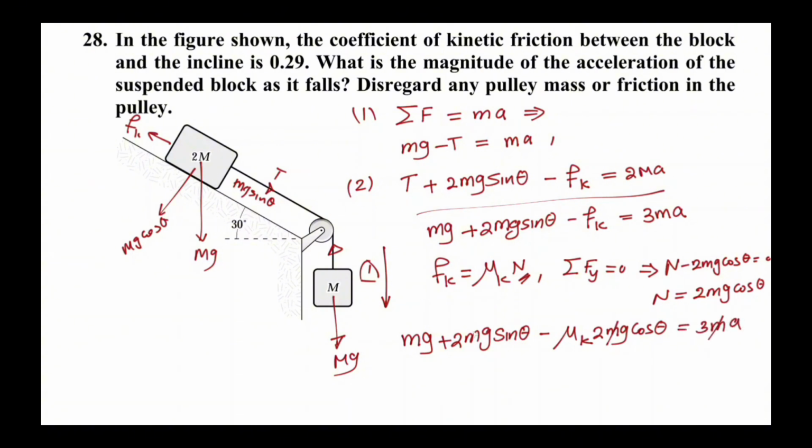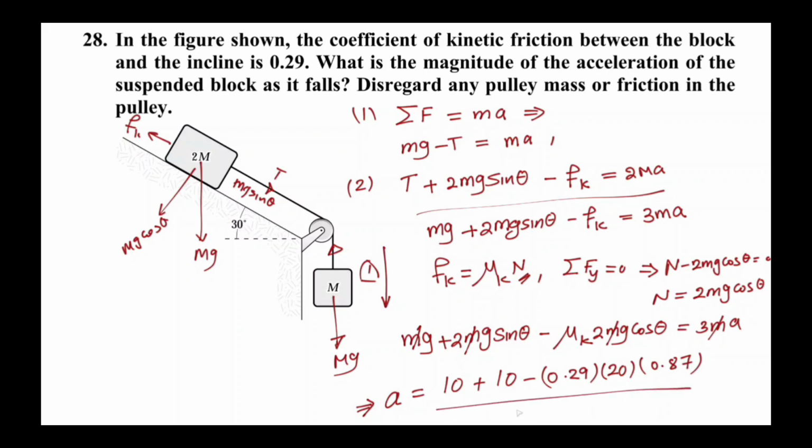Mass with mass with mass, and in this case here, a equal to 10 plus 10 minus 0.29, it's mu k, times 2g, it's a 20, times 0.87, it's cosine 30, divided by 3, and a in this case, it's equal to 4.98 meter per second square.